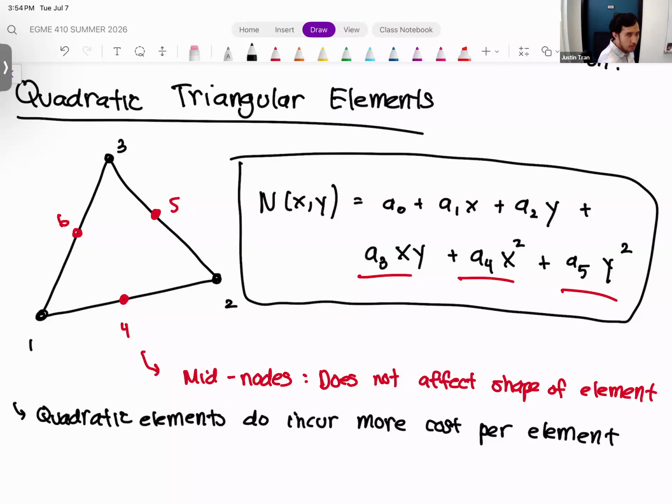Okay, so those extra terms there aren't free, so you do incur an extra cost. In fact, when you talk about increasing the accuracy of your finite element simulation in general, there's 2 types of refinement that people typically talk about.